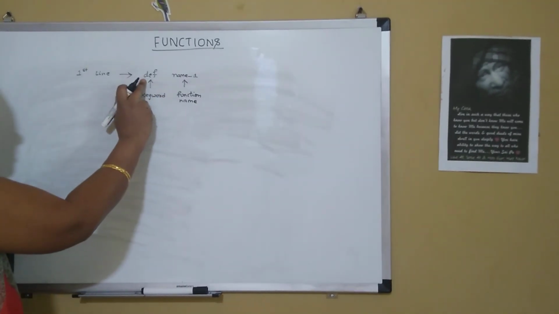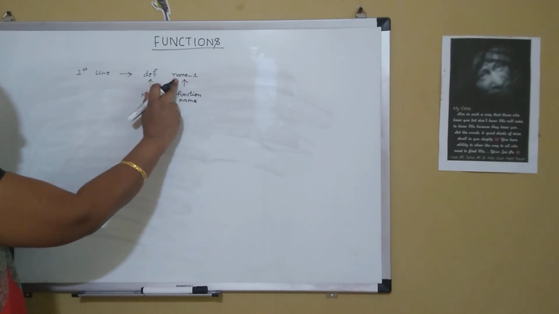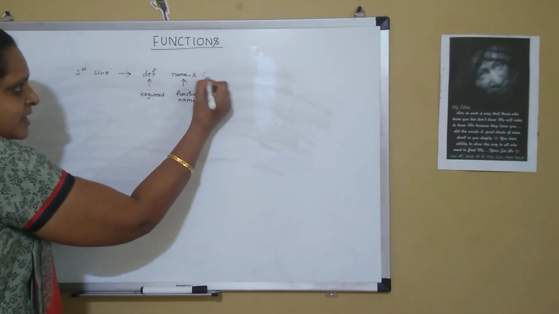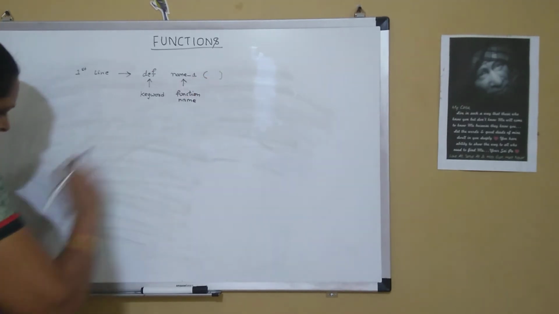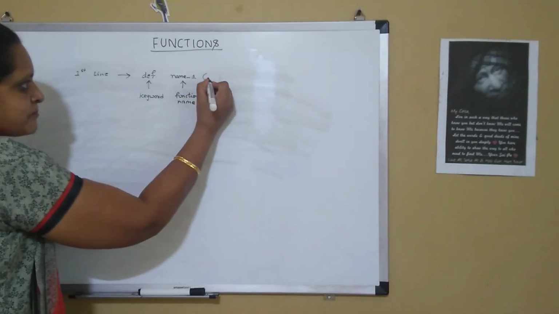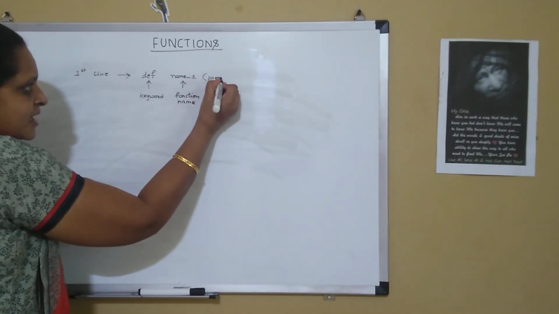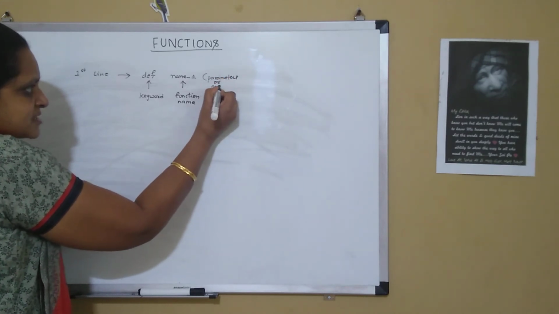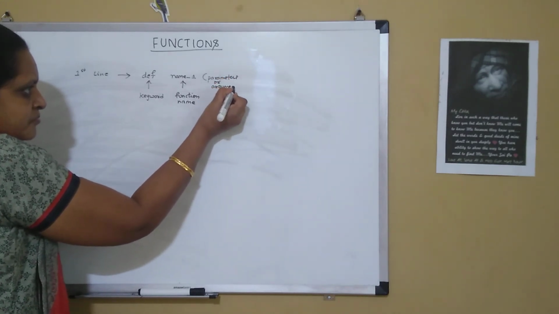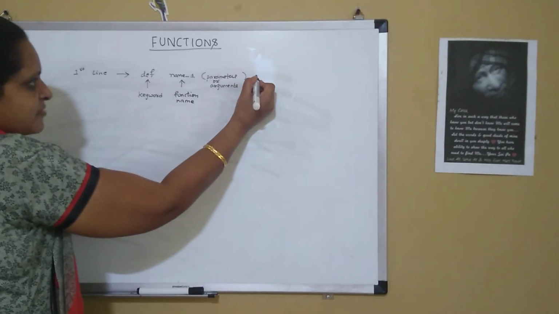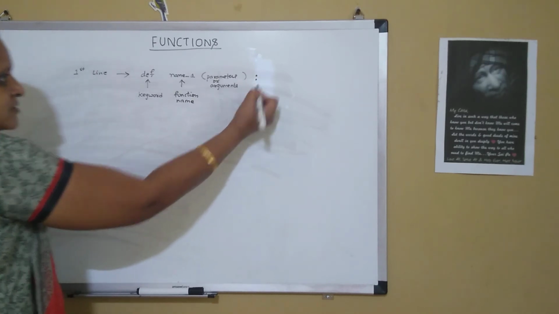So we have a def keyword, a function name which is also called an identifier, and then in parentheses we can pass the input, that is the parameters or arguments. Close the parenthesis and we have to include a colon.